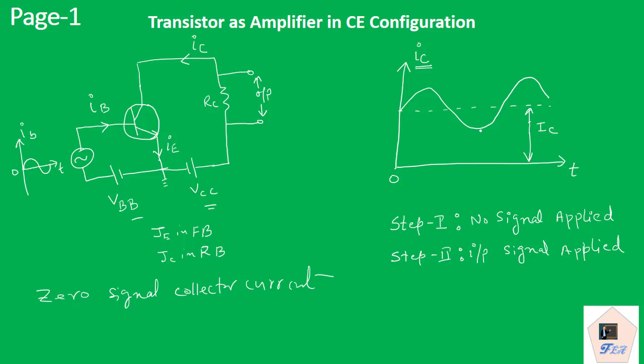And another part is the AC part, small i small c, which is the AC collector current. So this is the DC collector current, this is the AC collector current, and together we get the total collector current. These are the two major conditions when a transistor is working as an amplifier in the CE configuration.